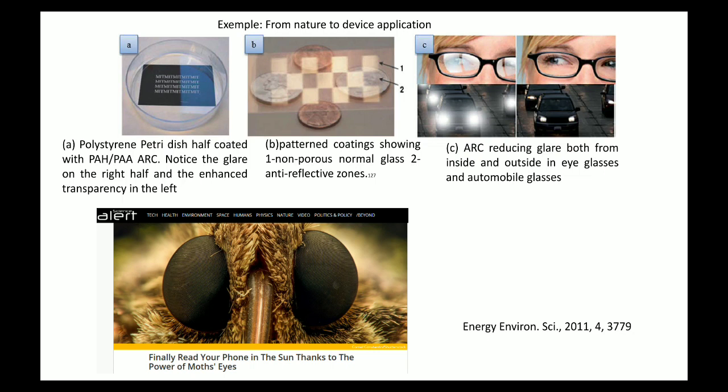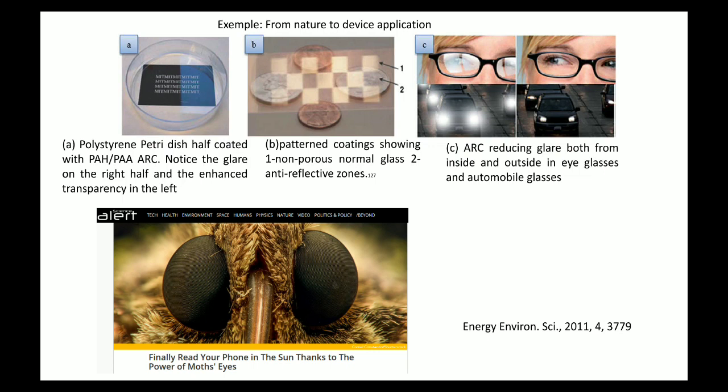So if the reflection on the surface is higher, its transparency goes down. If the reflection from the surface is higher, then the transparency of that material is lower.